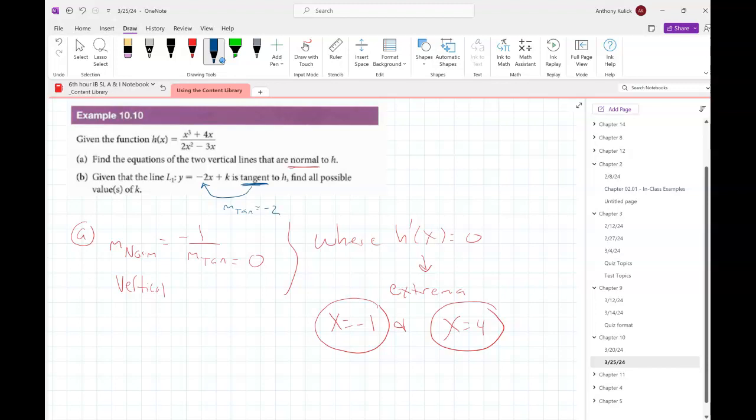So I'm looking for where the tangent is negative 2. That'll be the same thing as where h prime of x equals negative 2.